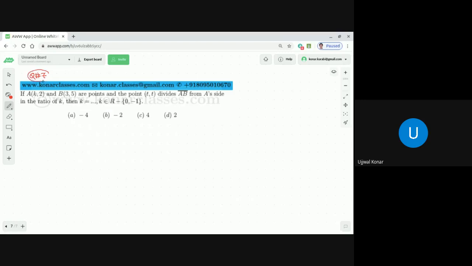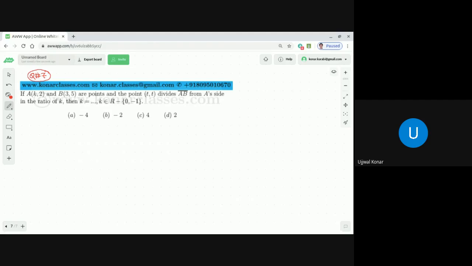So question number 7 in front of you, dear students. It says that if A with coordinate (k, 2) and B with coordinate (3, 5) are points, and a point (t, t) divides the line segment AB from A side in the ratio of k.